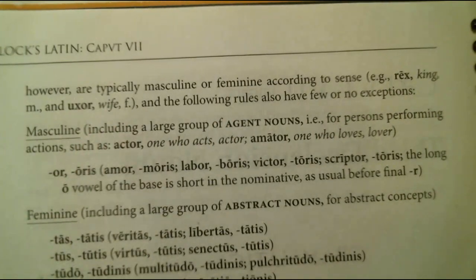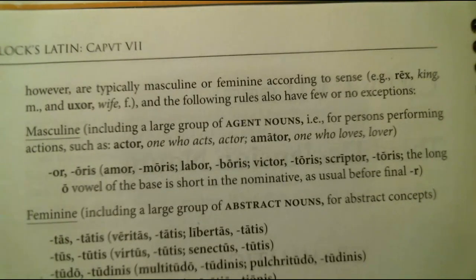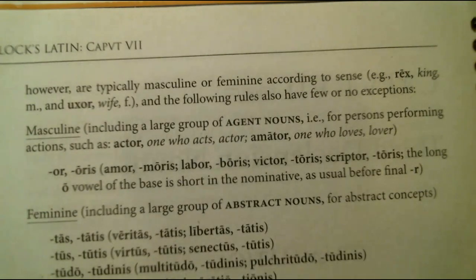So this is where you could sometimes guess, if you know the meaning of the word, what the gender of the word is. It would not make sense for a king to be feminine or for a wife to be masculine. And some language teachers, some grammarians, will say that the gender of nouns is totally arbitrary and serves only a grammatical function.